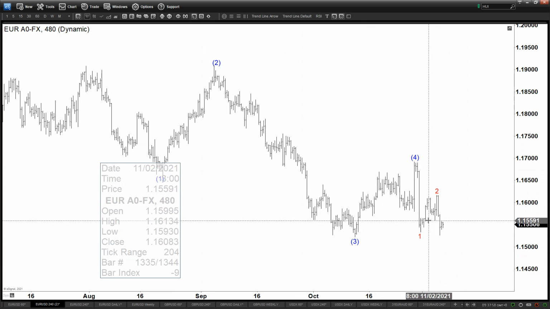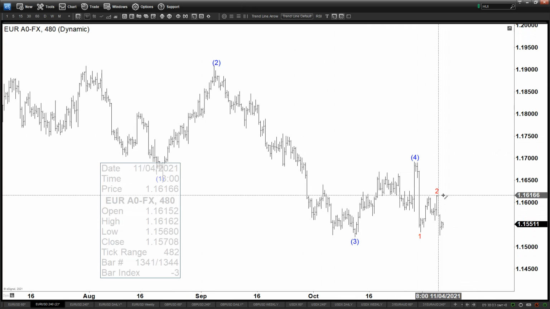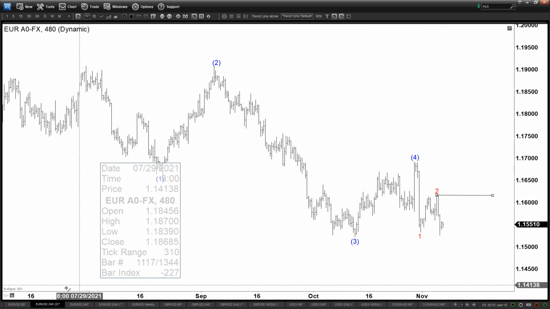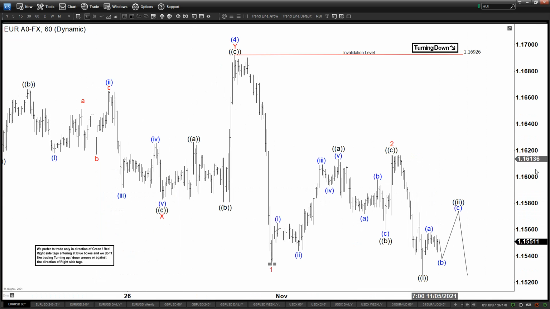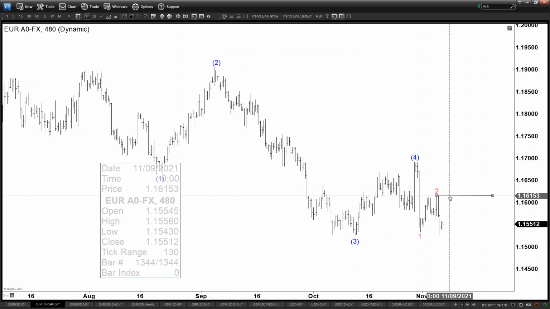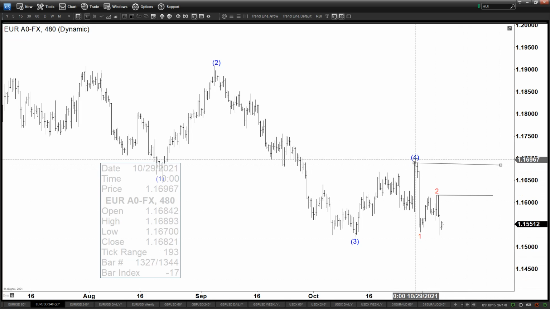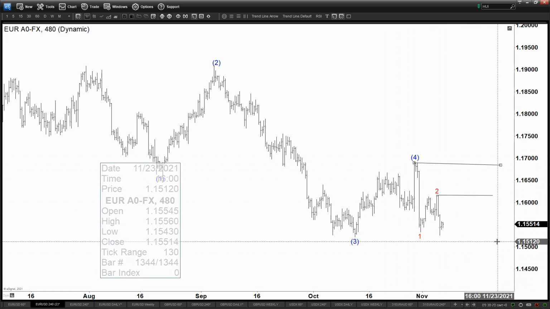So the expectation is we should continue to go lower while below 116.16 on the 1-hour chart, and then the second degree will be, if it stays below here, we should see the downside continue, 1, 2, 3, 4, 5 from this peak here.